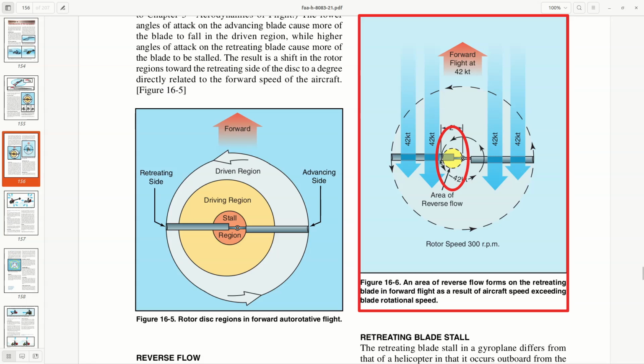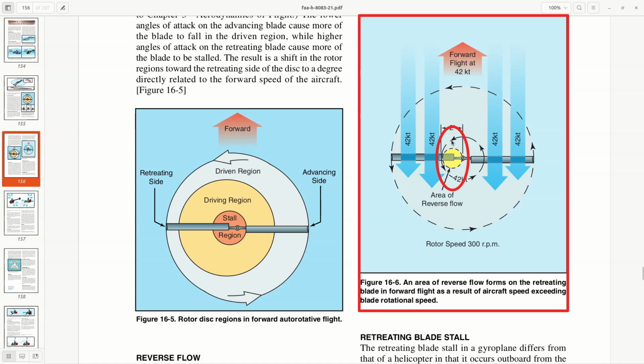So if I look at this one little point here, what I'm going to see is that the airspeed of the air flowing over that is 0, because I have this inrushing air at 42 knots, but this is retreating away at 42 knots. If I go inboard from that point, now the onrushing air is faster than the blade is retreating from that air.